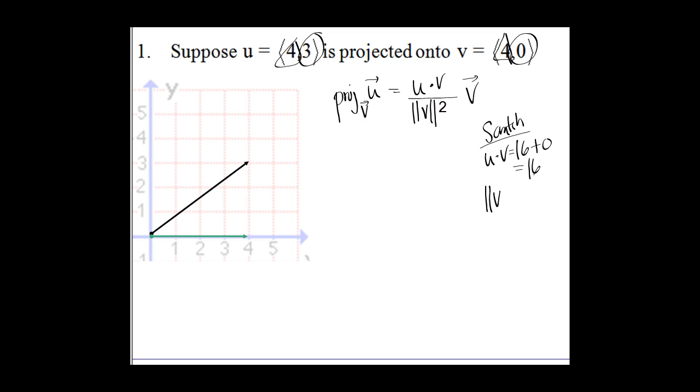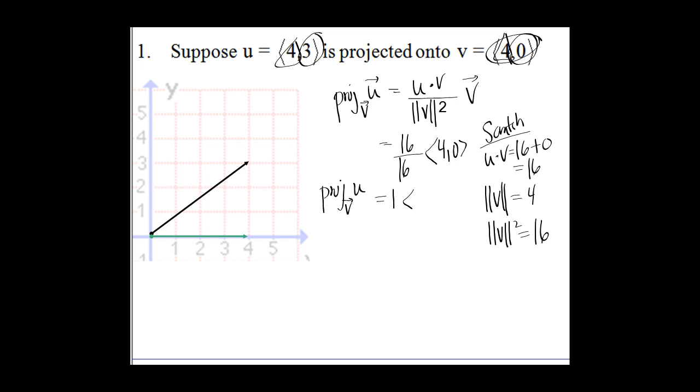Other thing we should find is the magnitude of v. Well, the magnitude of v would just be 4, so the magnitude of v squared would be 16. So plugging in numbers, u dot v we said was 16, all over the magnitude of v squared, 16, times vector v, which is 4, 0. So I see the projection of u onto v is equal to 1 times the vector 4, 0, or simply 4, 0.